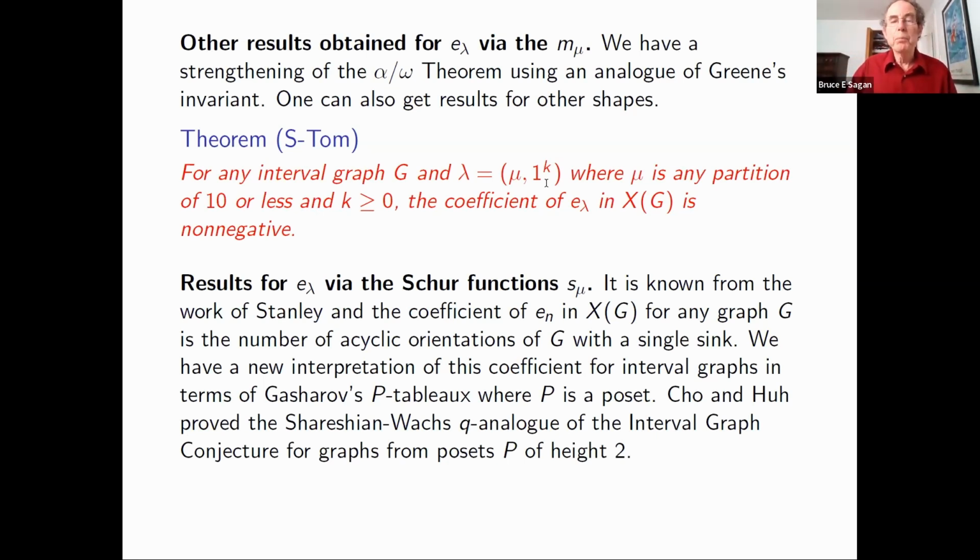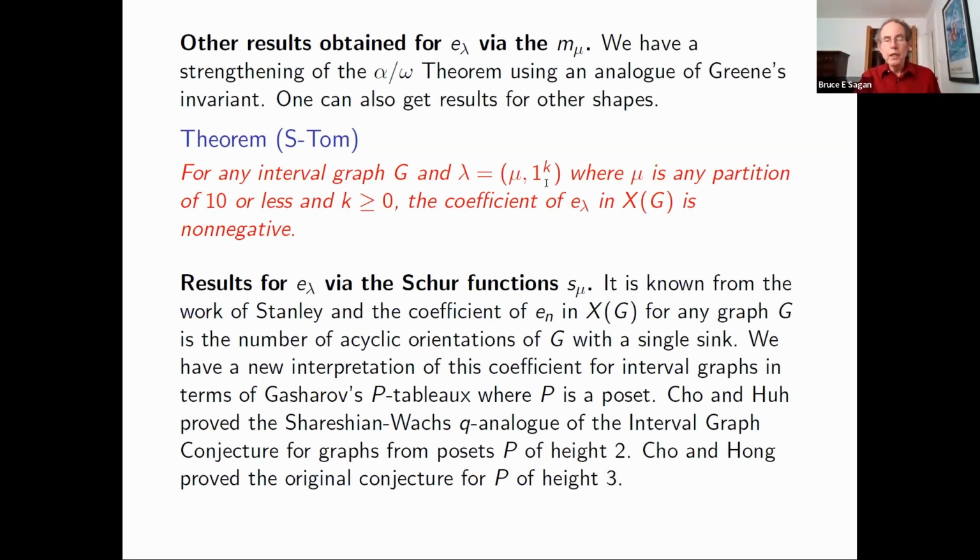And they were able to prove this more general conjecture for graphs which are associated with posets of height at most 2. And their basic idea is to do this transition first to the Schurs and then to the e's, and then do some cancellation, fixed point free involution, not so fixed point free, just sign reversing involutions. Cho and Hong then proved the original conjecture for P of height 3.